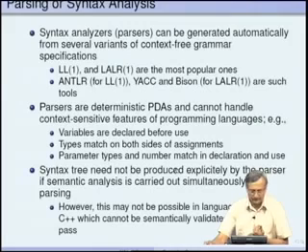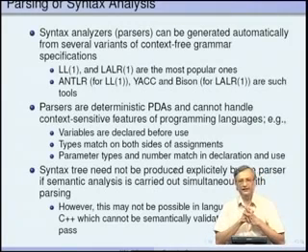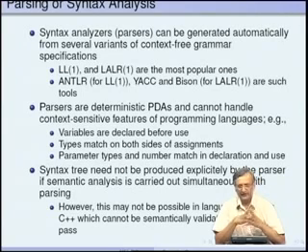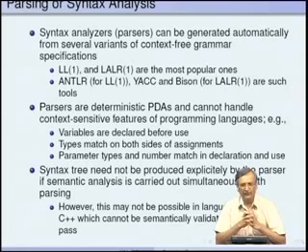Now, syntax analyzers can be generated automatically from context free grammar specifications. As I said, context free grammar is the basis of parsing. A push down automaton is constructed from such a context free grammar specification, and then it is fed a sequence of tokens and it continues.